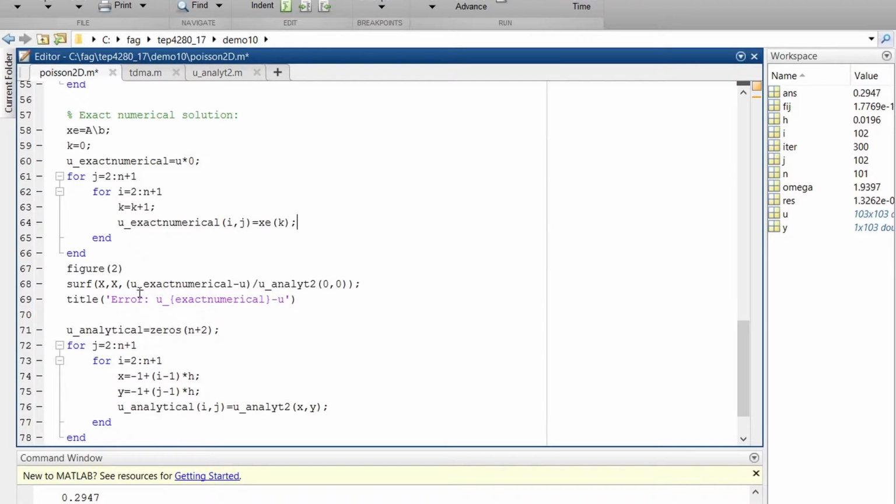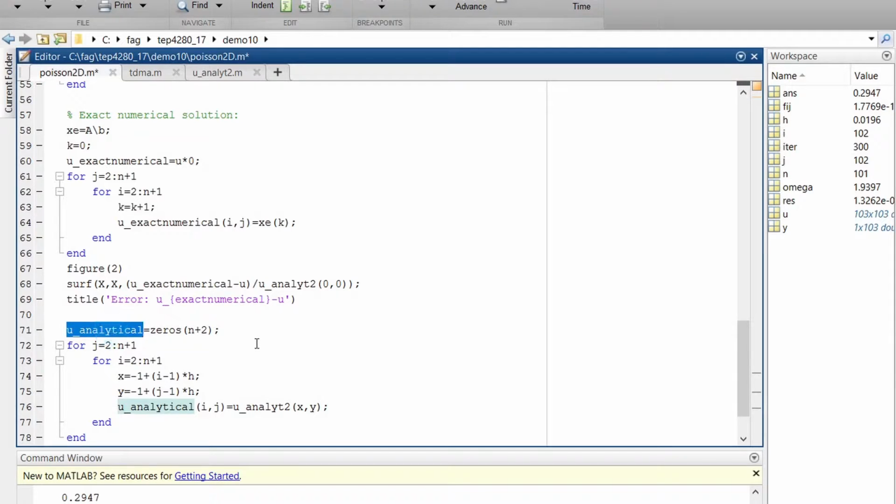So here I now just plot the exact numerical solution that the backslash provides me, minus the one that I have found, and then I scale it with the center velocity from the analytical solution. So just to have an idea how well I found the solution.